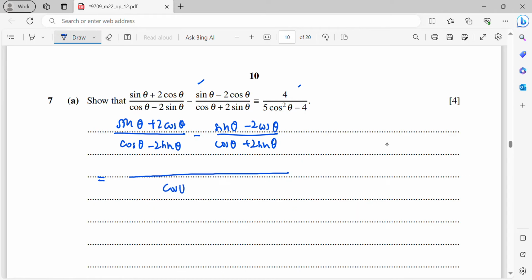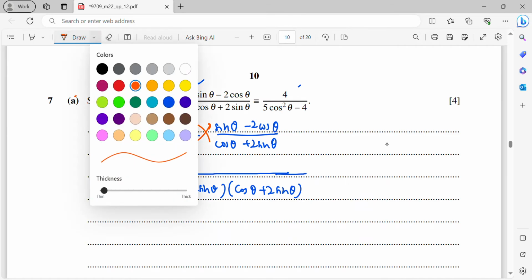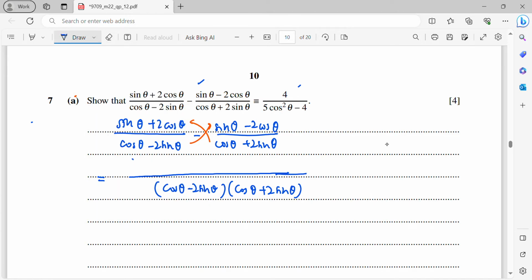So it will be cos theta minus 2 sin theta multiply with cos theta plus 2 sin theta. So it looks like cross multiplication. Okay, then here I will get sine theta plus 2 cos theta multiplied with cos theta plus 2 sine theta for the first term.